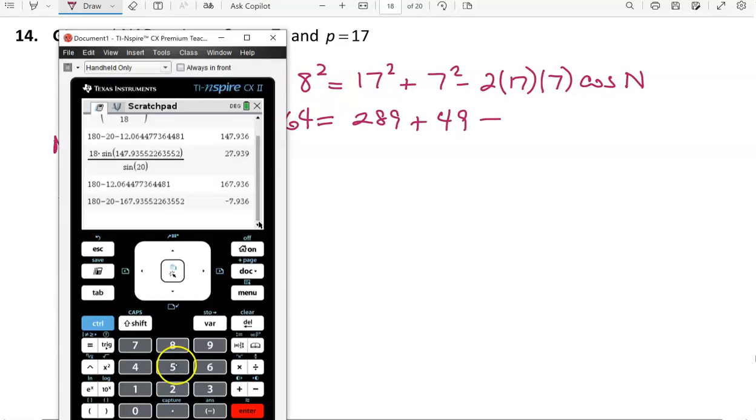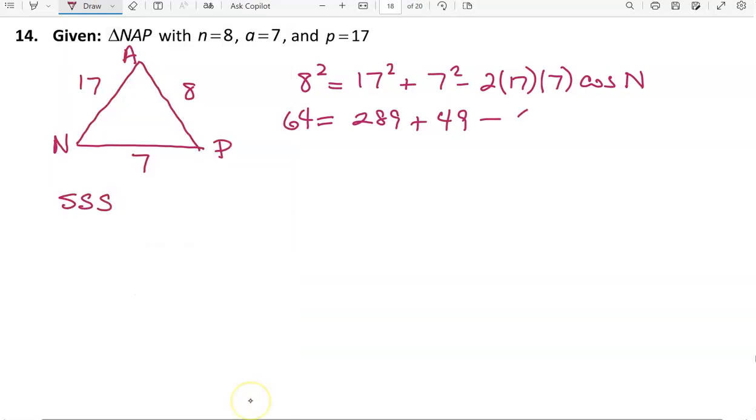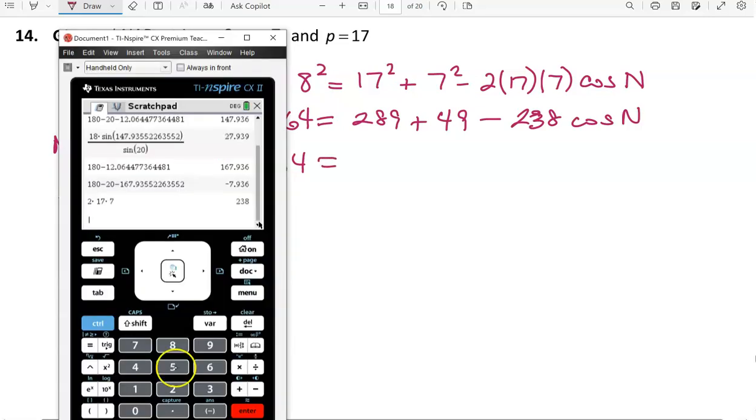And 2 times 17 times 7 is 238. I'm going to do a little bit of cleaning up. 64 is equal to, what's 289 plus 49? That's going to be 338.